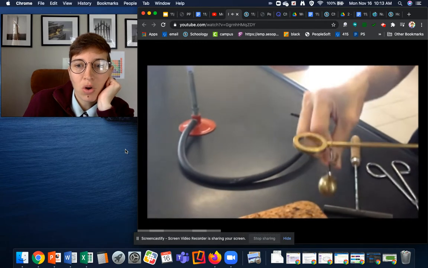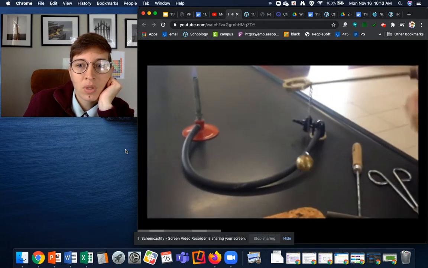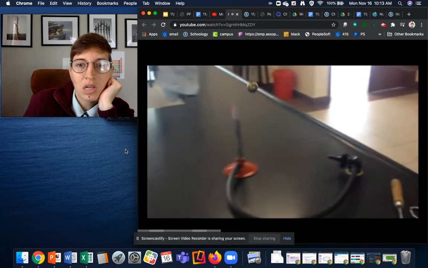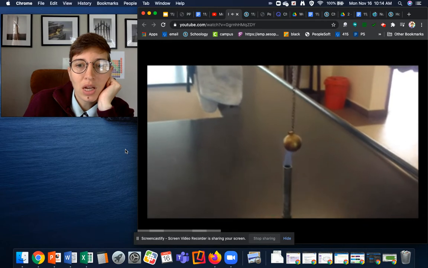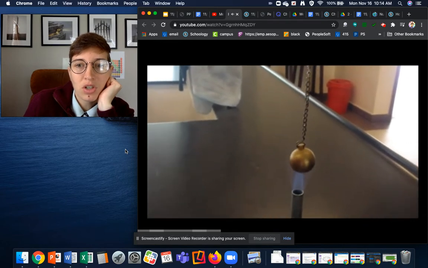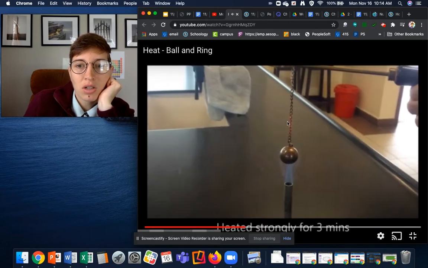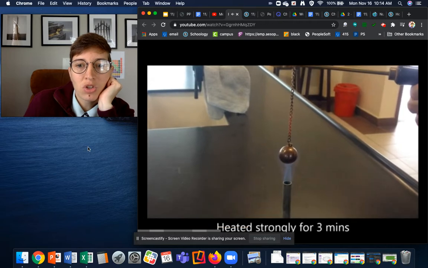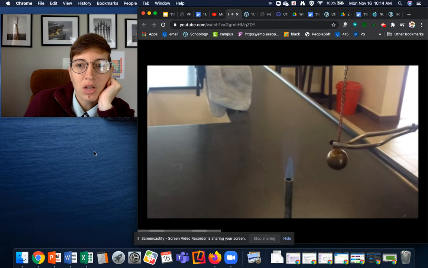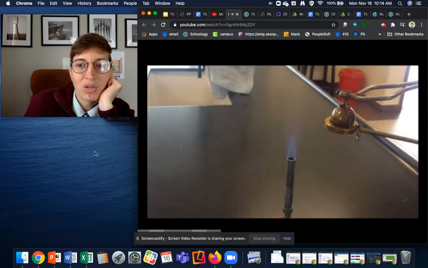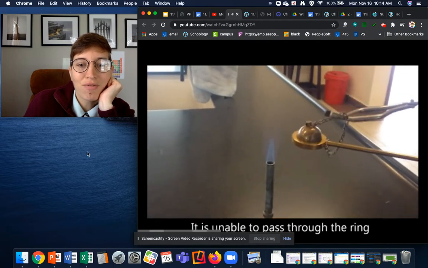So the metal ball can go through the ring right now, but now the scientist is going to heat it up for 3 minutes and get it really, really hot. You can see the chain is going to start getting red after a while, so heat it strongly for 3 minutes. And then you take some tongs, because otherwise you burn your hand. It does not fit through the ring anymore.